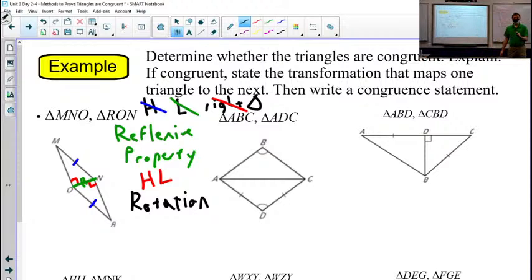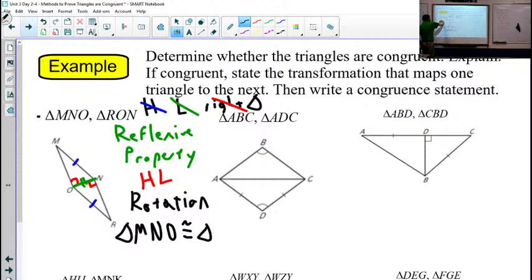Step number 4. Step number 4 is to say that the triangles are congruent. So I have triangle MNO is congruent.